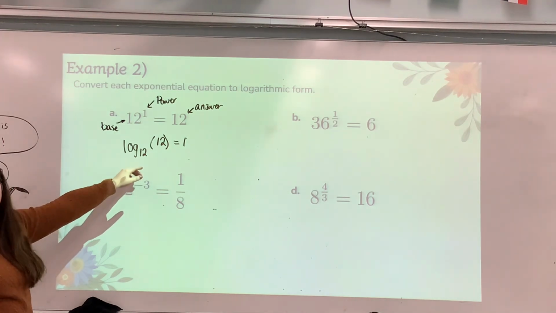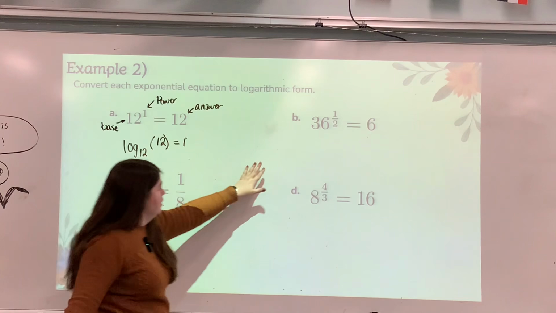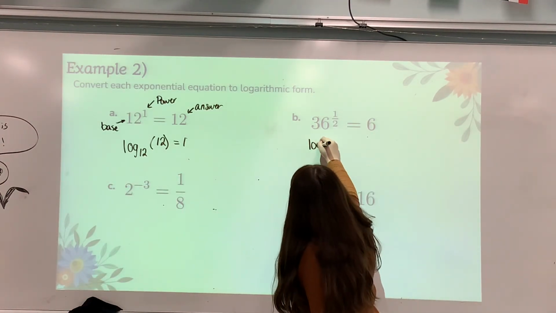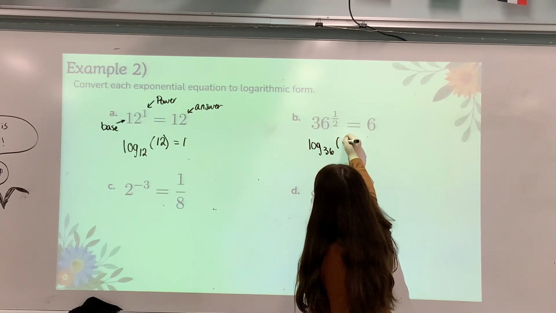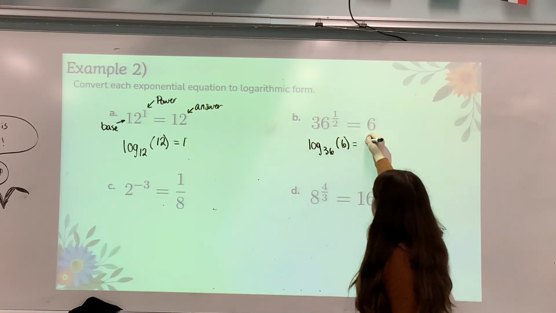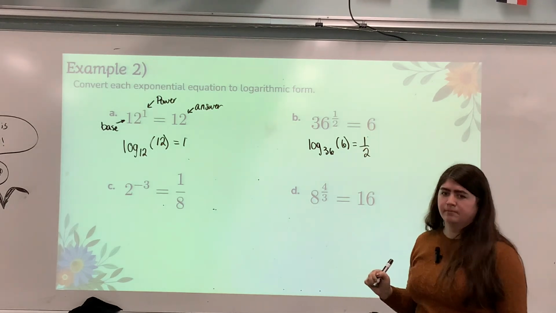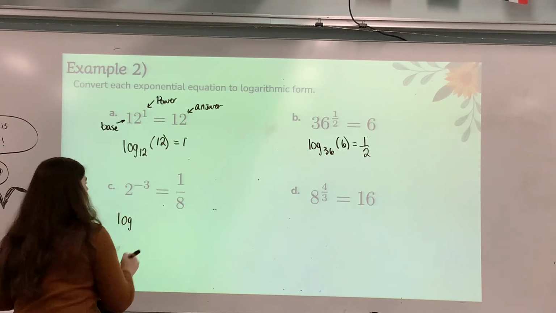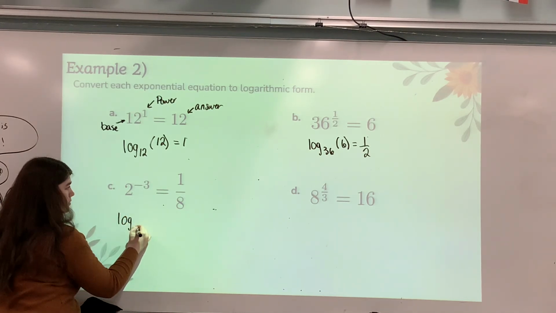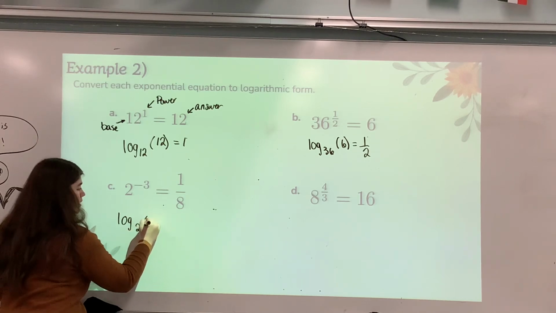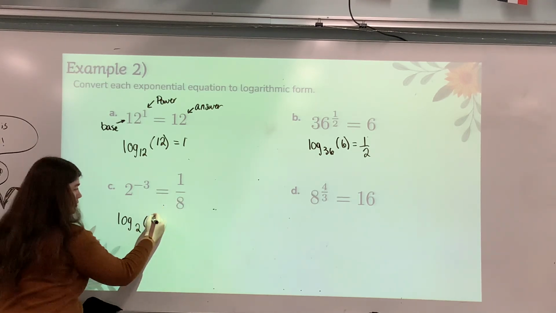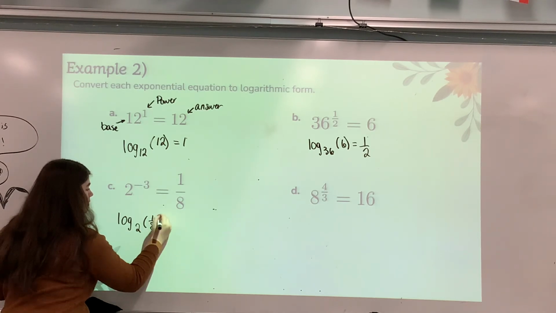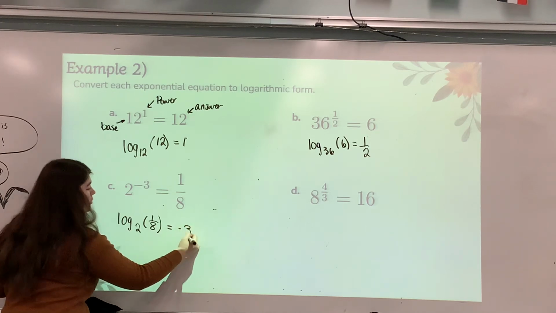But if you don't want to put the parentheses there, that's fine. Then part B, we have log base 36 of the answer 6 is equal to the power 1/2. So then on C, log base 2 of the answer 1/8 is equal to -3. There we go.